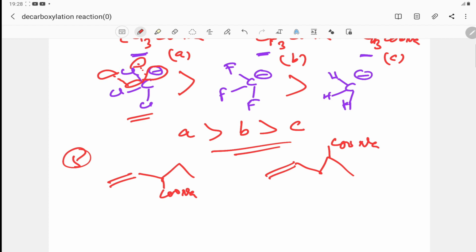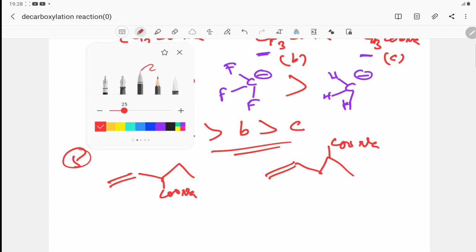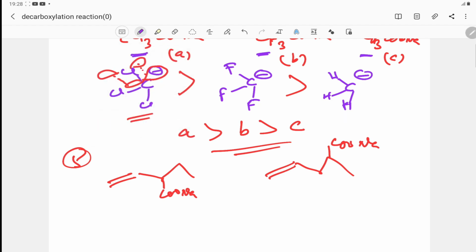Okay, here if you see the stability of the carbanion, which is produced after loss of carbon dioxide, this is your carbanion and here this is your carbanion. In the first case, A, the carbanion will be easily delocalized by resonance compared to this one.